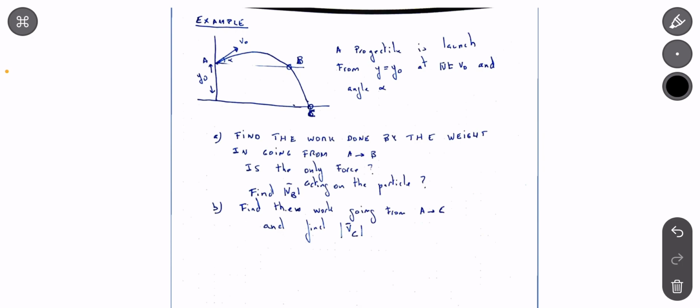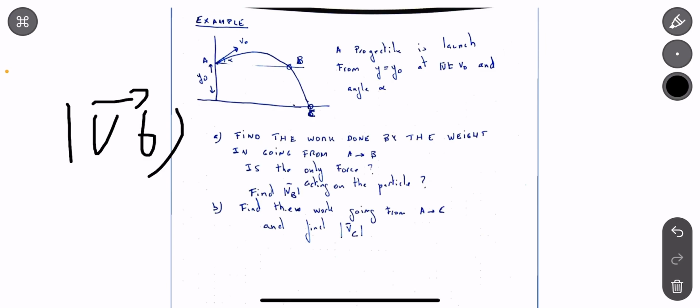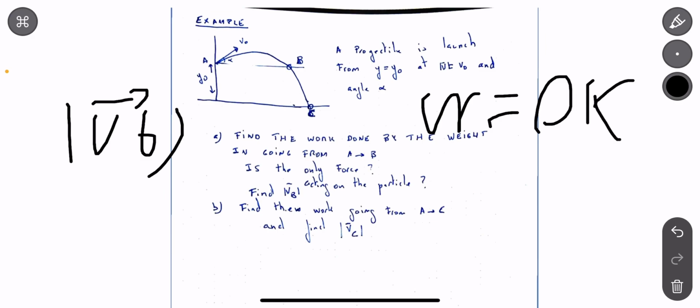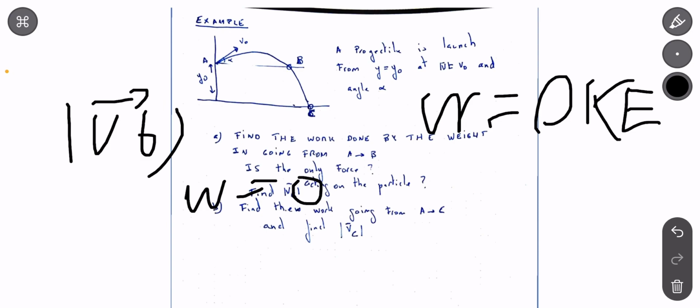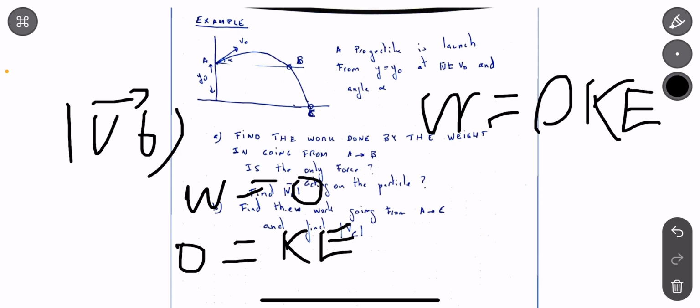Then we could figure out what this is, right? And we could find it with this. Okay, and we know this is 0 at the end, right? And we know that 0 is going to be equal to the KE difference.